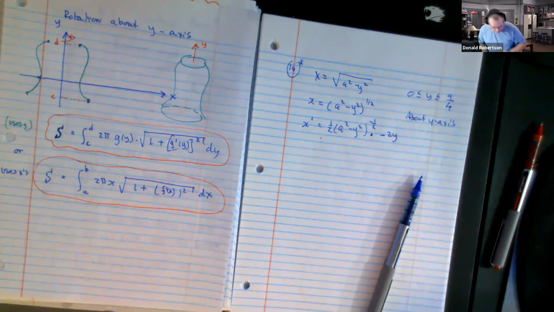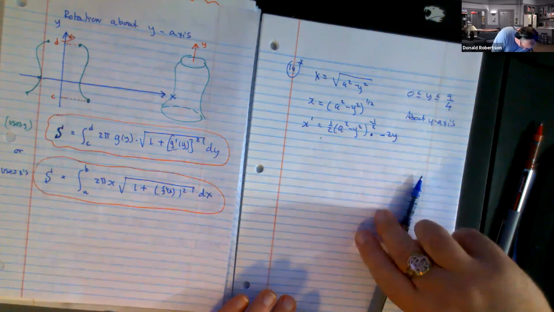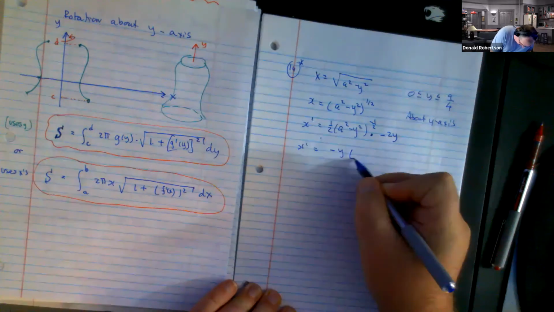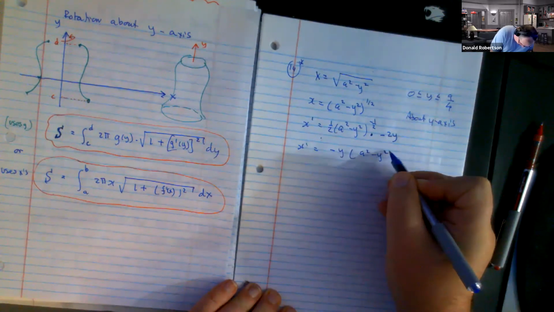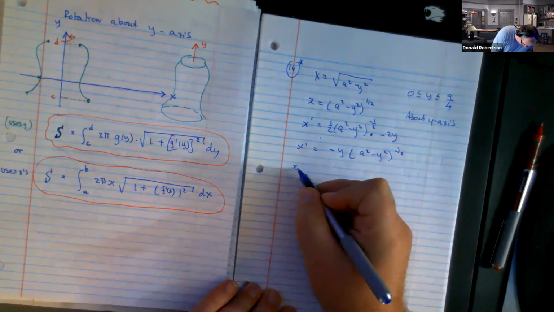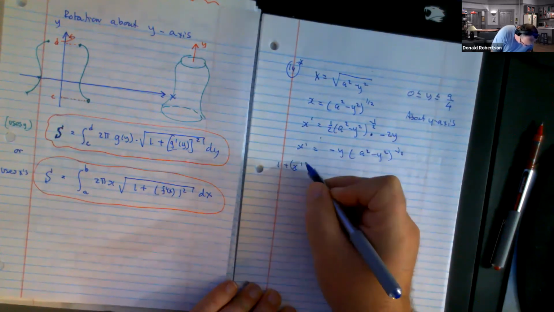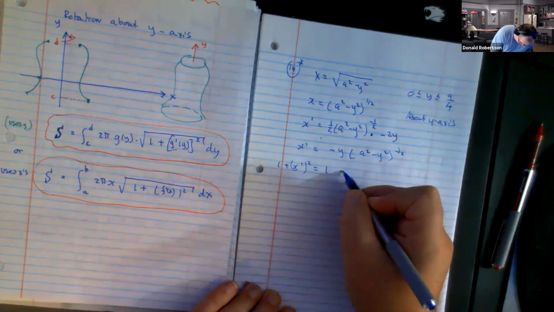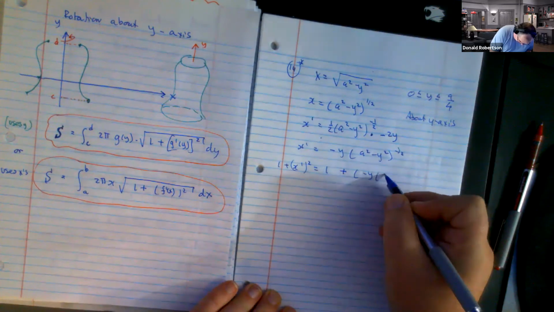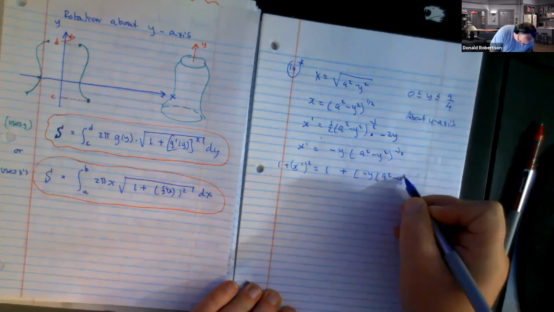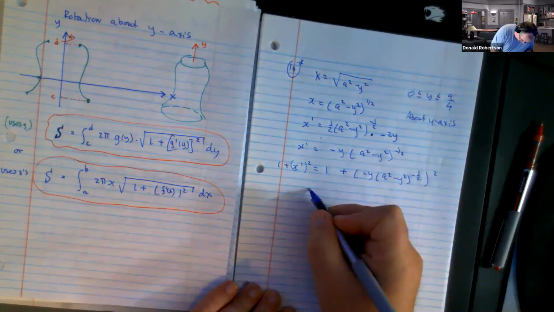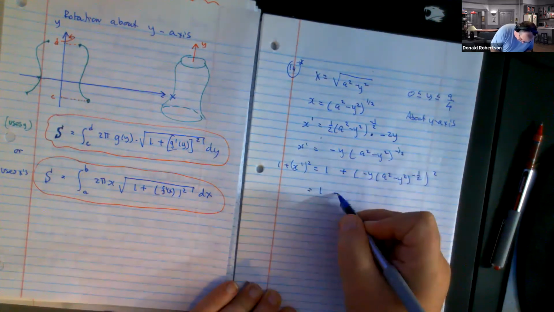Yeah. Now, if I tidy this up, I get negative y, a squared take away y squared to the negative 1/2. If I do 1 plus this guy squared, I get 1 plus that guy squared. Square this guy, you get plus y squared.